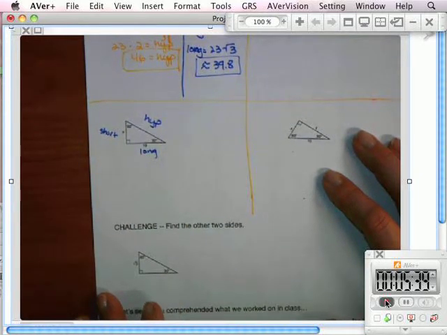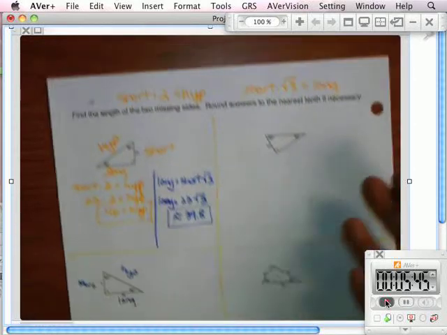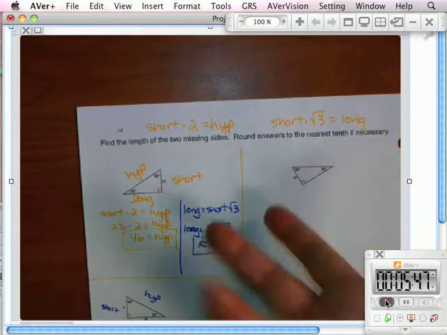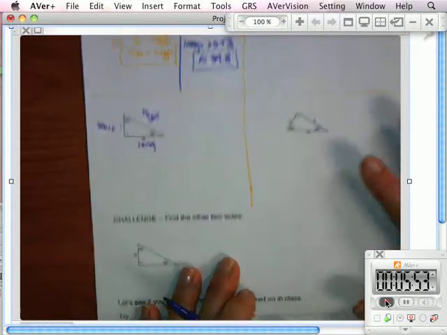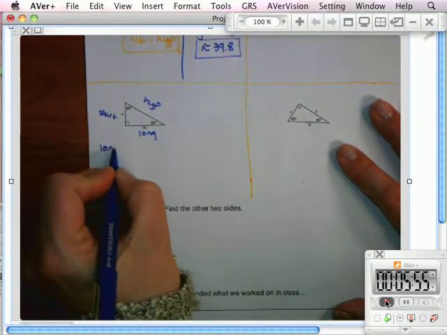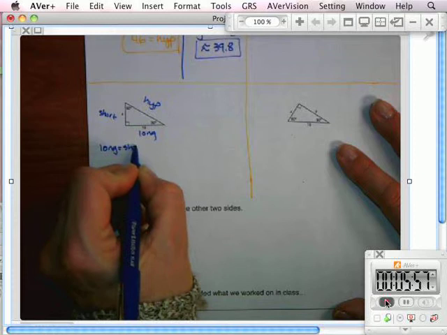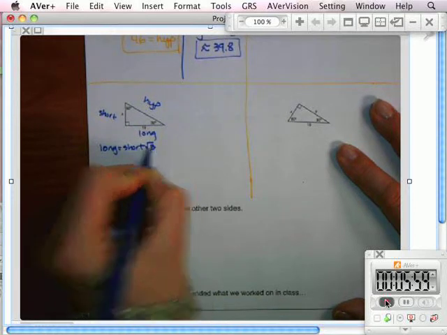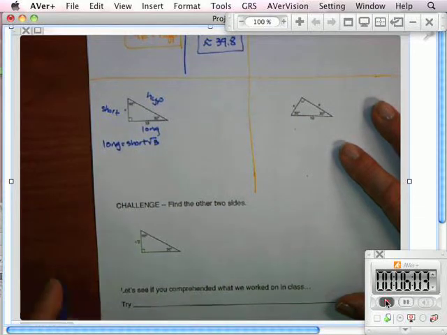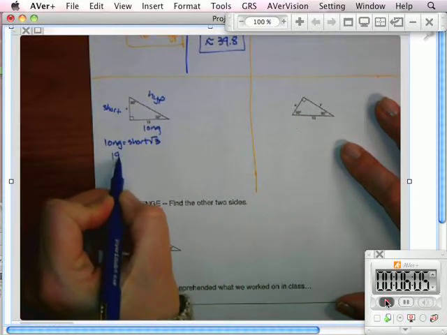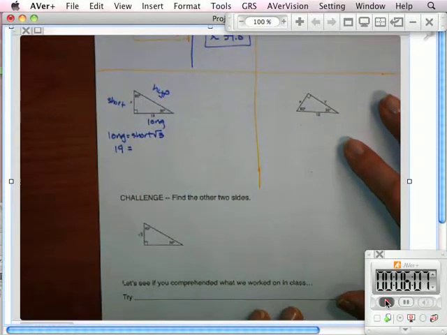They gave me the long this time. That's the only side length I know. So which equation should I start working with? The one that has the long in it, because that's the only number they gave me. Long equals short times the square root of 3. I know the long is 19, so I'm going to substitute that in.